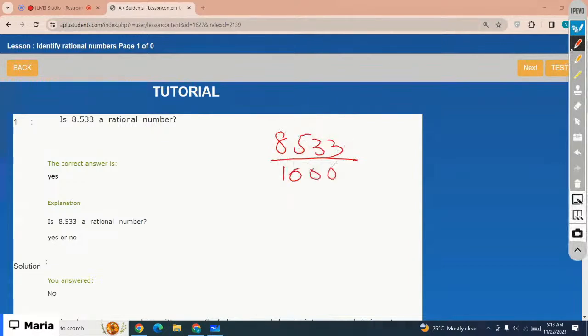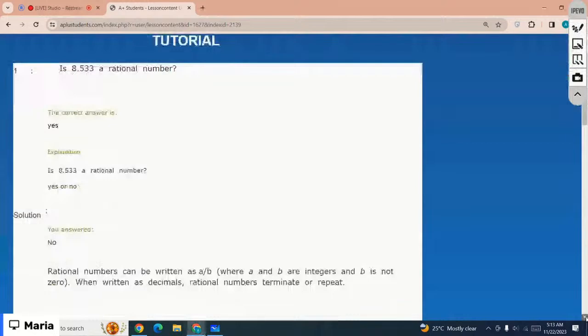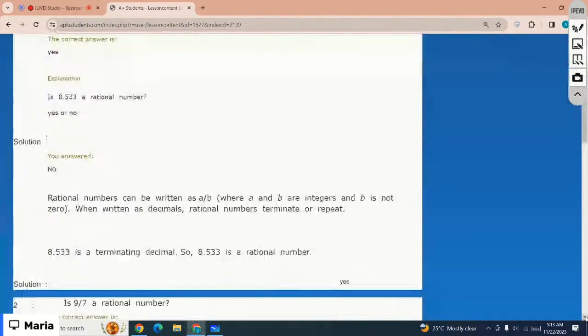So yes, it is a rational number. Rational numbers can be written as a over b, and when written as a decimal, a rational number terminates or repeats. So you can write 8.53 as a decimal number, so it would be a rational number, right?